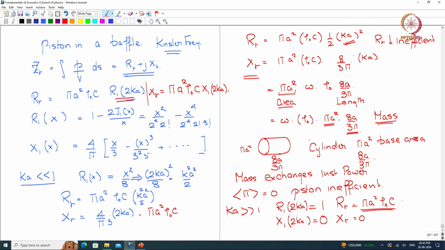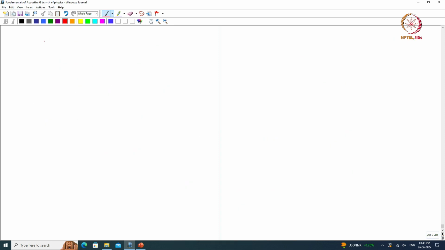Now, that is rho 0 C into S, which is the mechanical impedance of a plane wave. Okay. And therefore, it approaches a plane wave. Which means the pressure and the particle velocity are proportional, and so you have an efficient radiator.